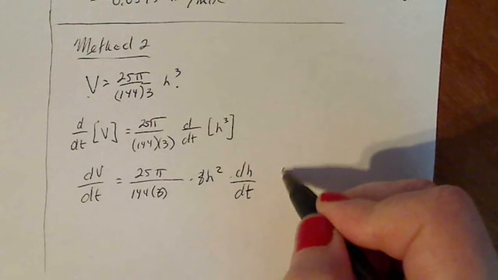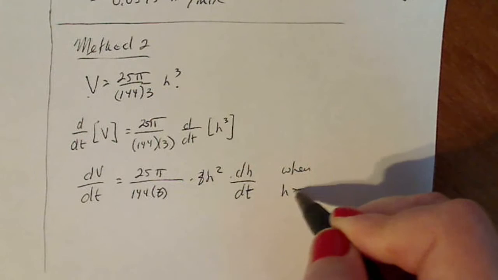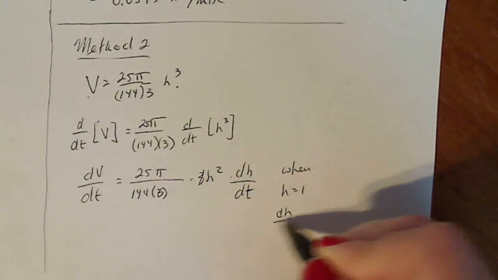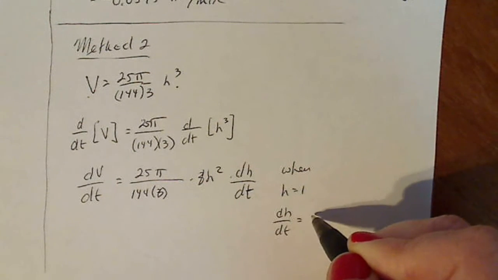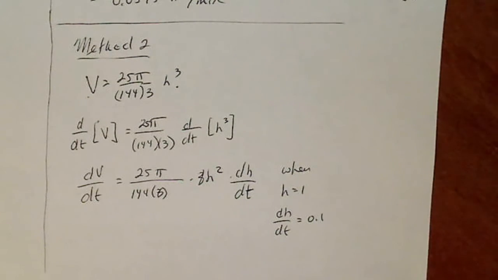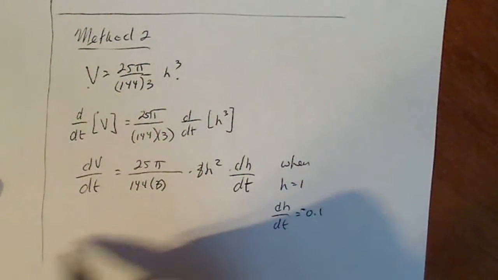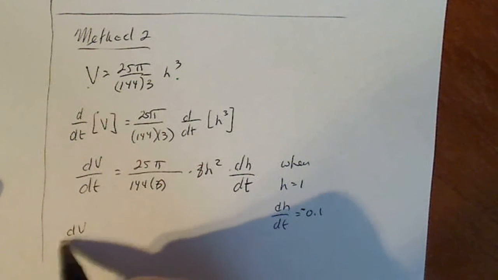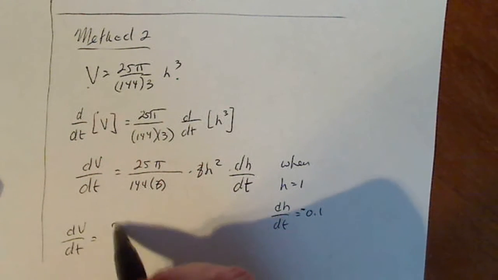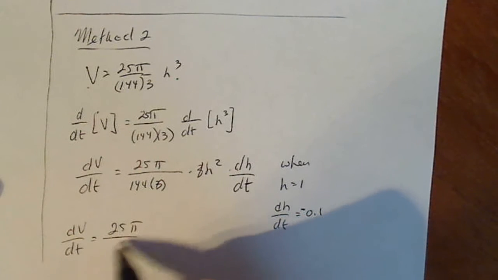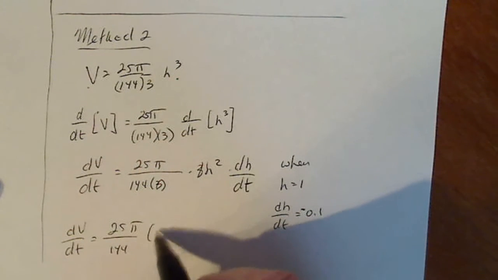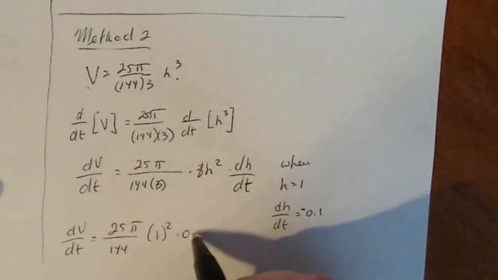And I know that when h equals 1, dh/dt equals 0.1. And you can put negative 0.1 in there too. That's fine. Let's do it on this example. So then in the end, dV/dt is equal to 25 pi over 144 times 1 squared times 0.1.